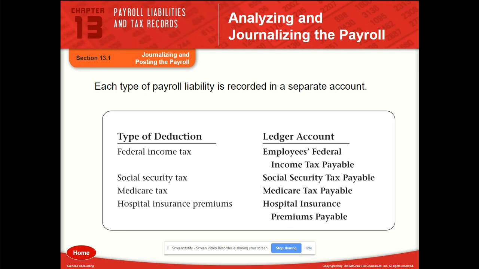We also have Social Security tax, which is Social Security tax payable. We also have Medicare tax, which is Medicare tax payable. And then we have hospital insurance premiums, which are hospital insurance premiums payable.